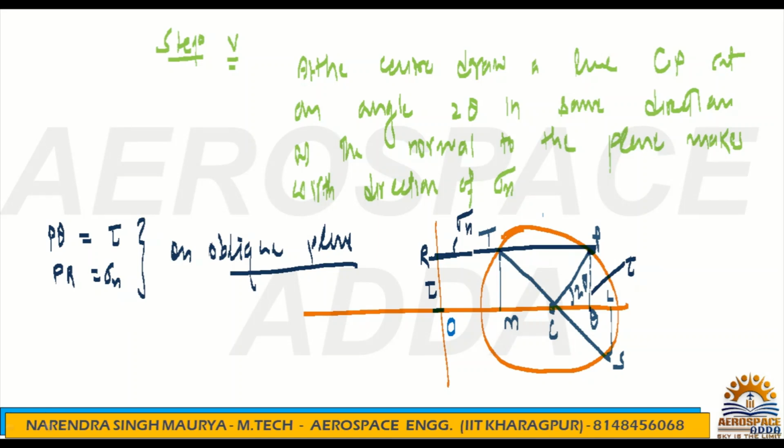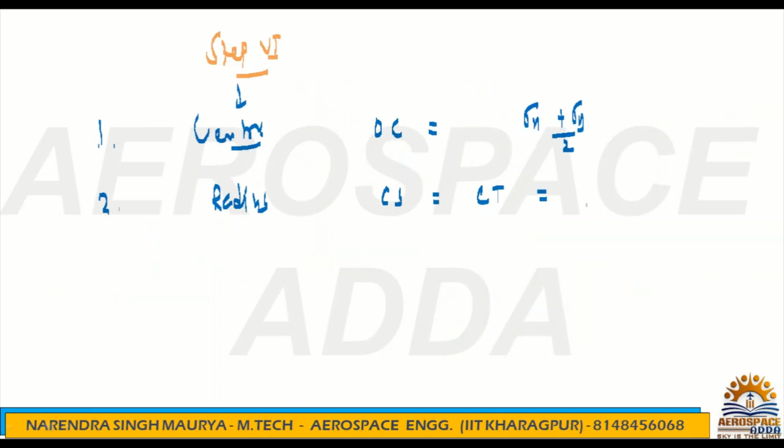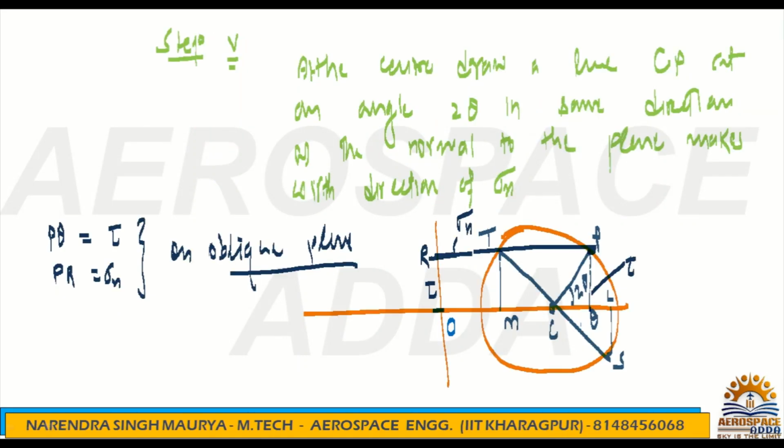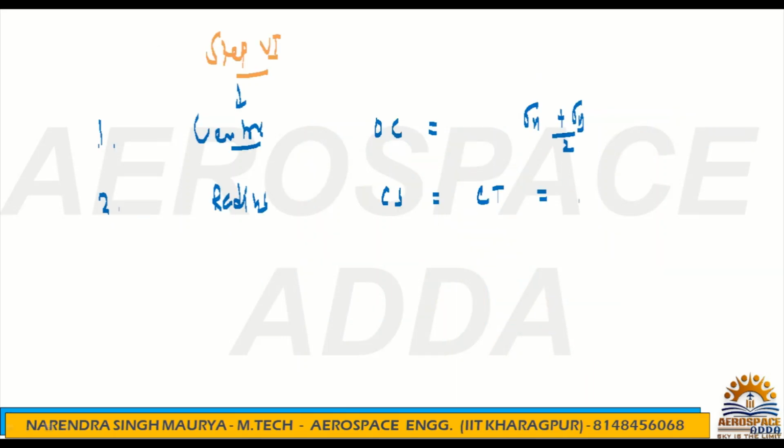To check the value of CS, you can say CS is nothing but the square root of CL square plus LS square. So CL square plus LS square, this is the radius. Okay, you calculate, you will get it.